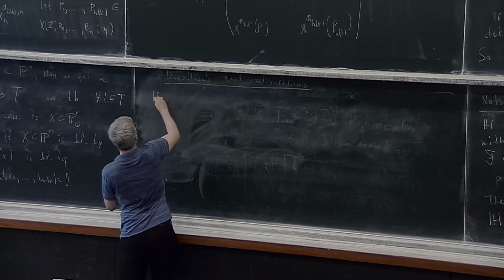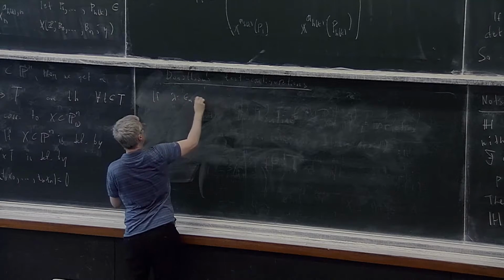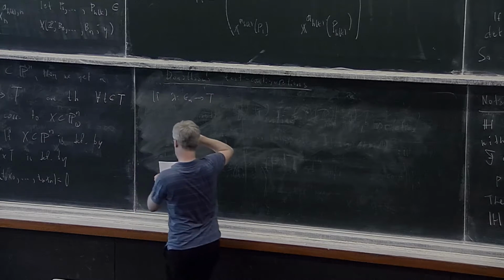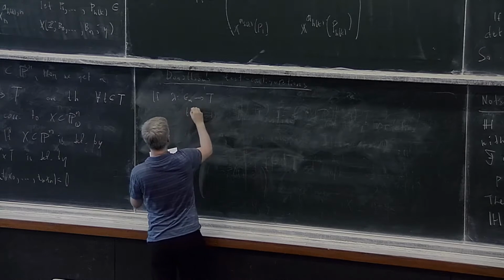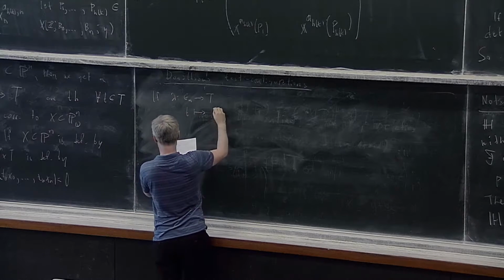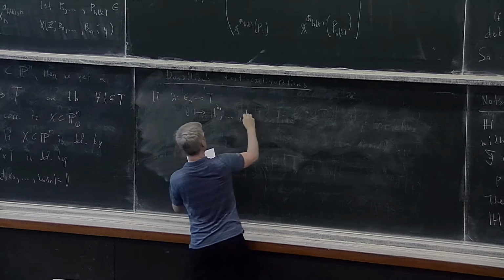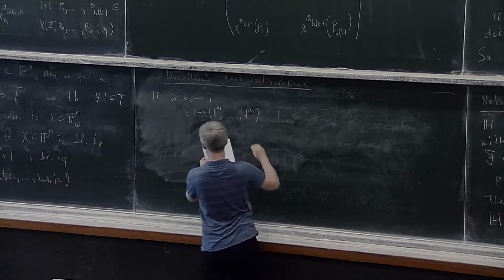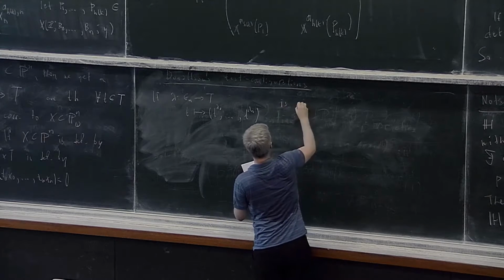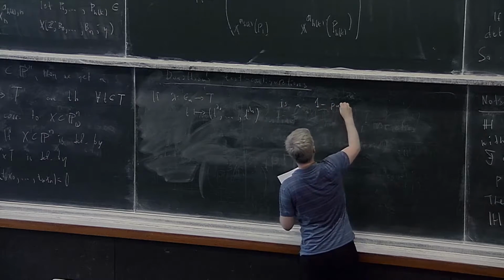So now I will look at a one parameter subgroup. So I will have t going to (t^λ0, ..., t^λn), a one parameter subgroup.